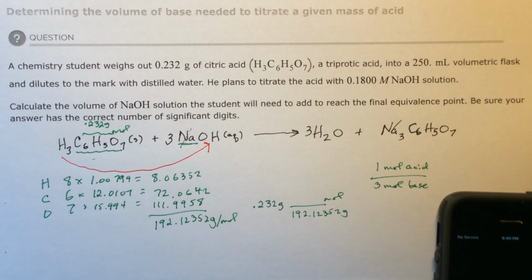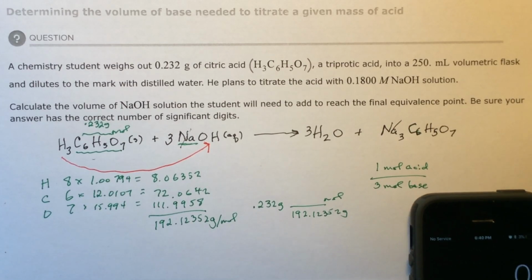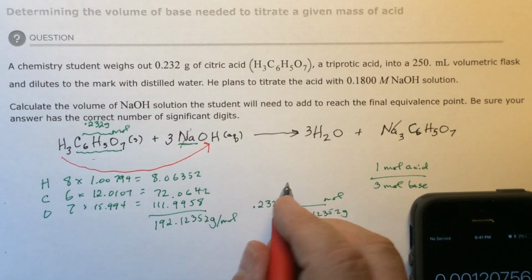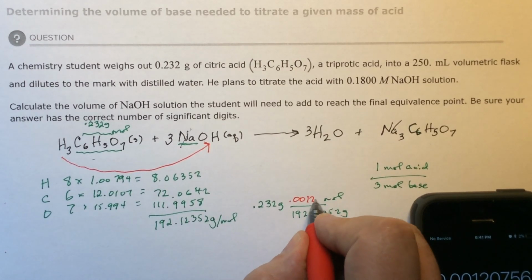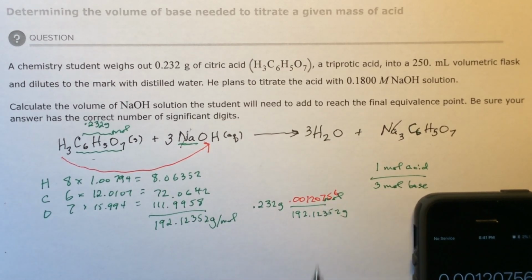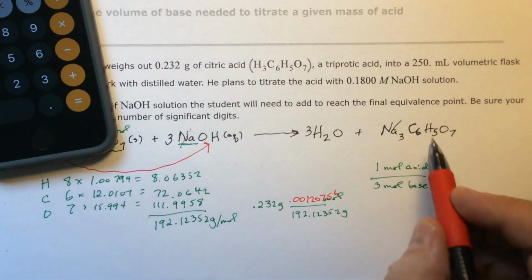Okay. So I've got 0.232 divided by 192.12352. Okay. Gives me 0.00120756 moles. Okay. Now I've got numbers.